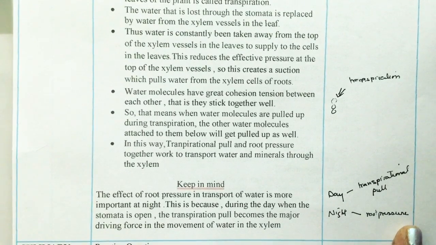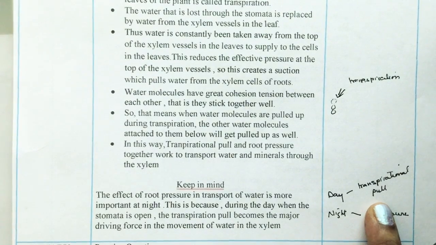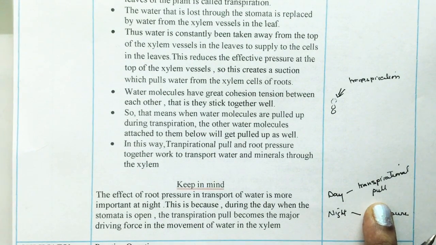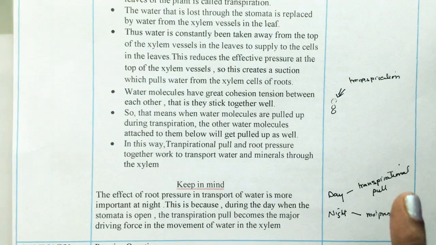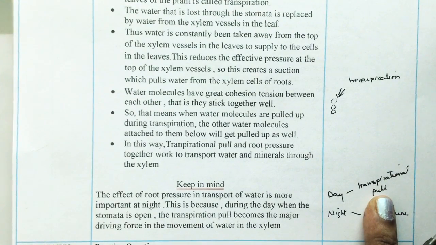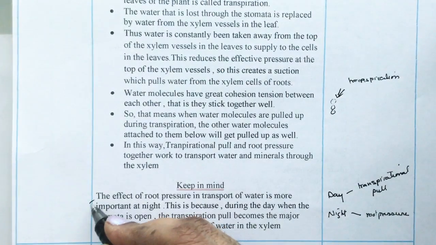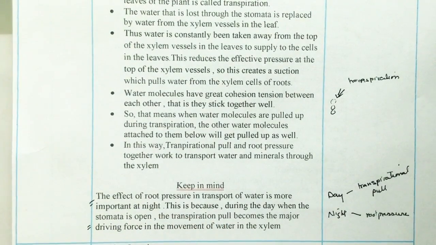It is higher during the night time. At daytime, transpirational pull is high because the stomata is open at that time and this becomes the major driving force in the movement of water in the xylem. So, please keep these 2 points in mind.